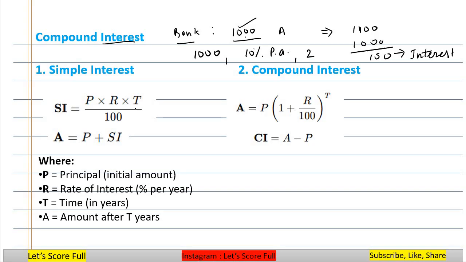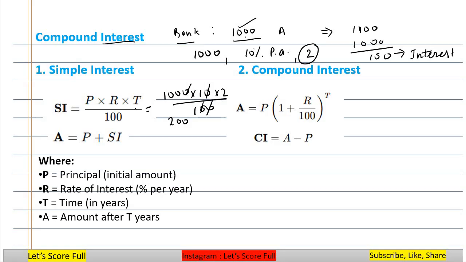So to calculate simple interest, the formula is principal into rate into time upon 100. So here it is 1,000 rupees into rate 10, time period 2, divided by 100. We can do the cutting and it is 200. So interest is 200 for 2 years.